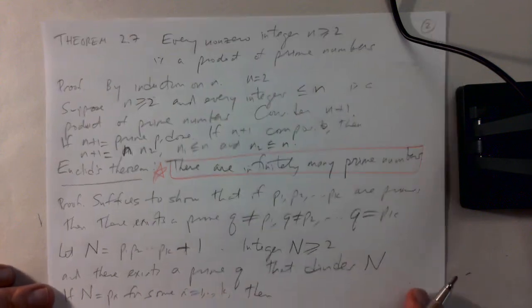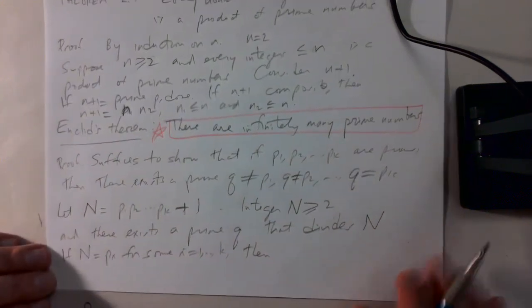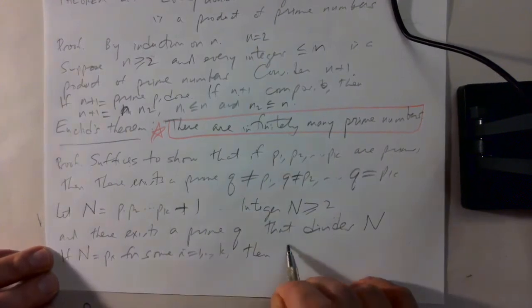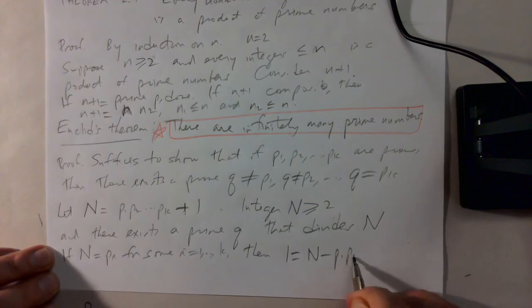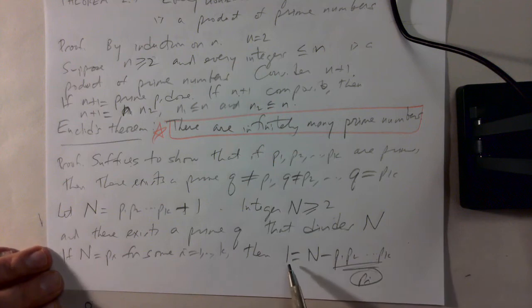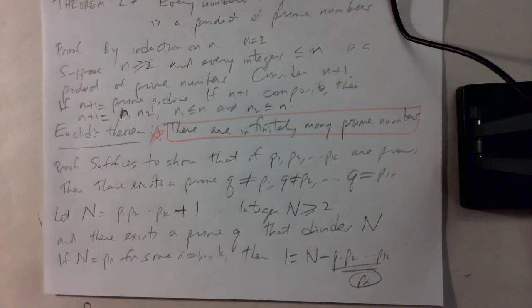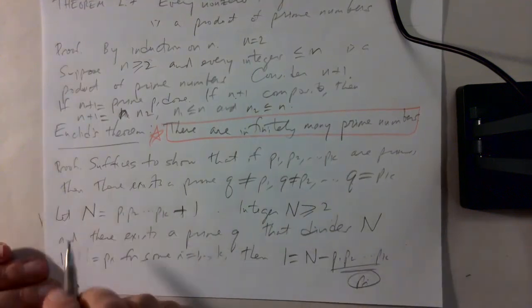If we rearrange this equation, we get 1 is equal to N minus P1, P2 up to P sub k. Now, P sub i is one of these factors, so P sub i divides this. So there's a prime Q that divides N.